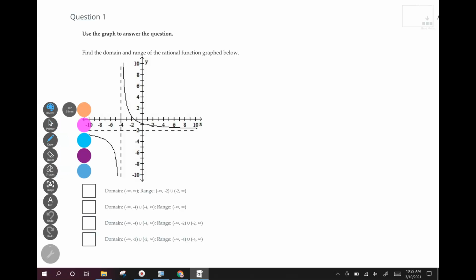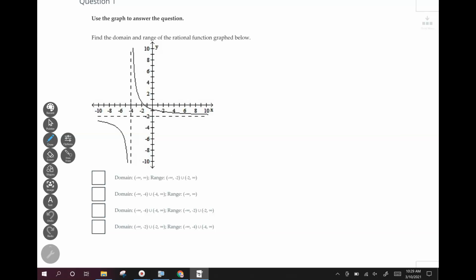So number 1, find the domain and range of the rational function graph below. Well, for domain, we're looking at our x values, so notice you can have anything but where that asymptote is. That asymptote is at -4, so everything but -4 can be included in the domain.